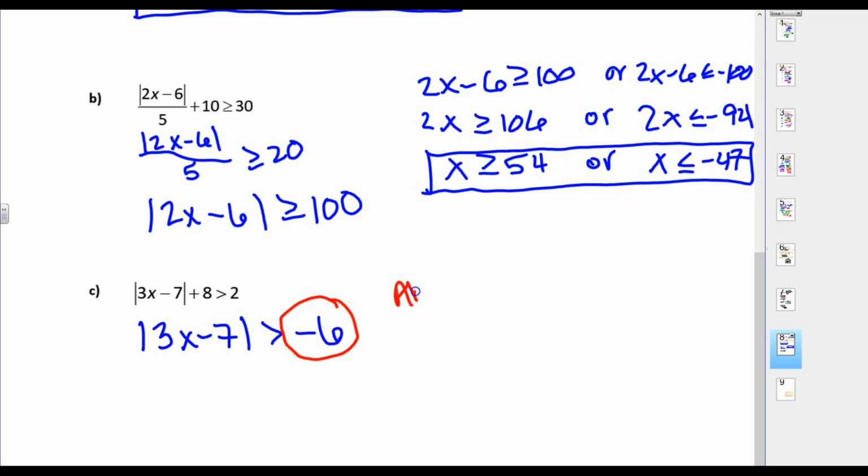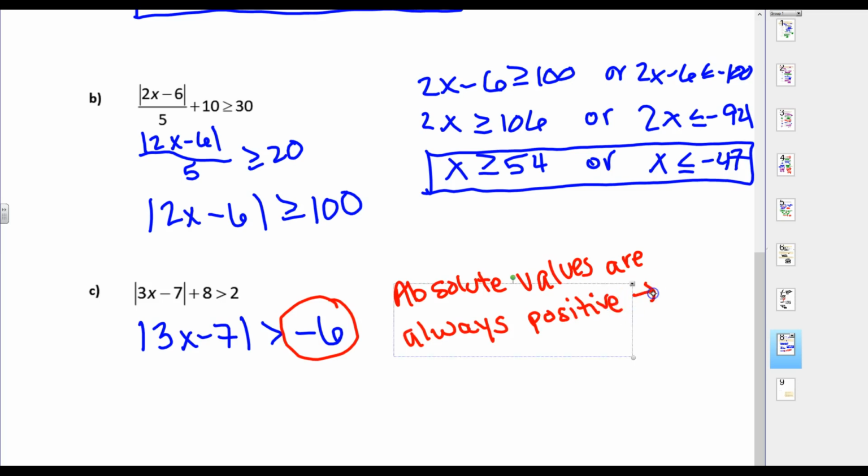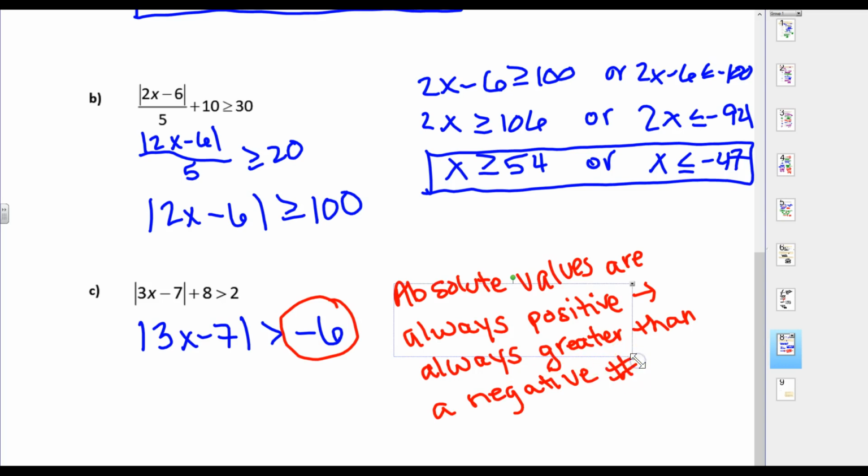So because absolute values are always positive, this means that they're always going to be greater than a negative number, no matter what you put in for the x, which means that my answer here ends up being all real numbers.